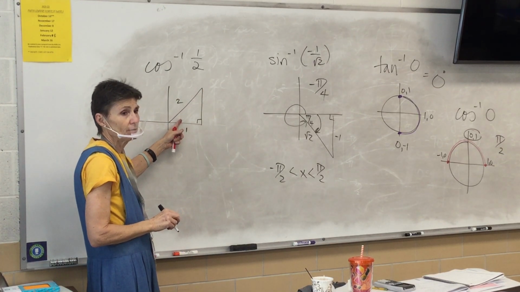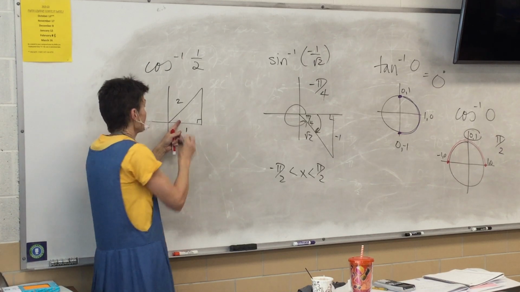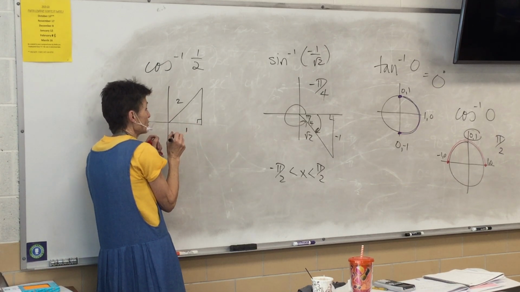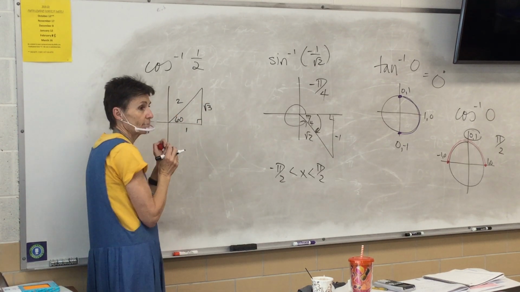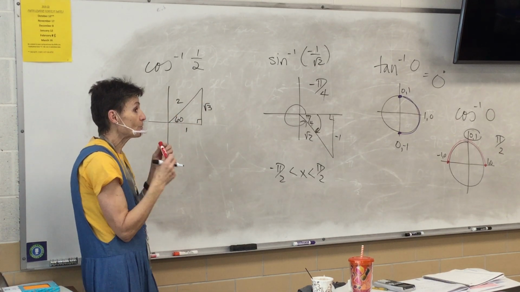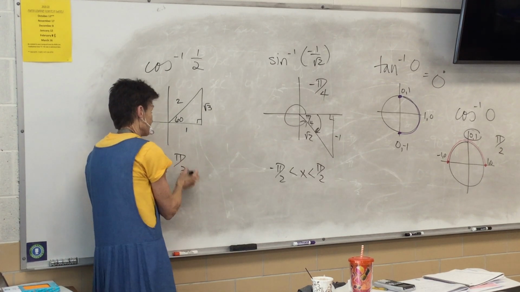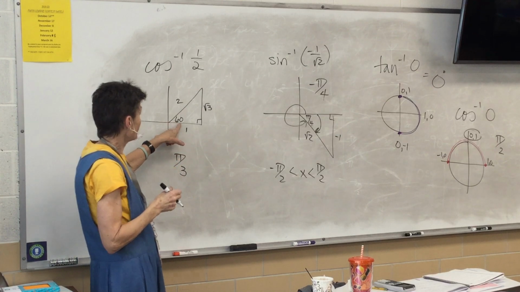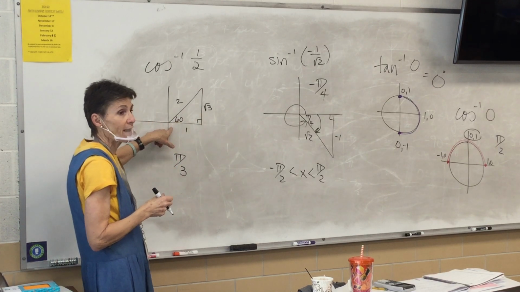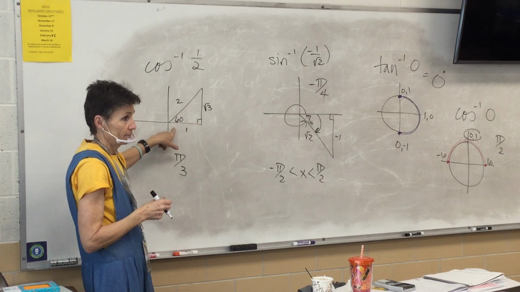How big's that angle? Pi over 3 would be over here. So isn't that a 60? Or pi over 3. You label your angle based on what side is across from it.